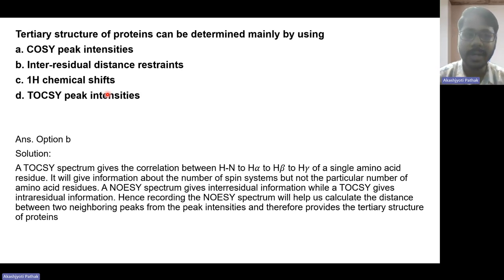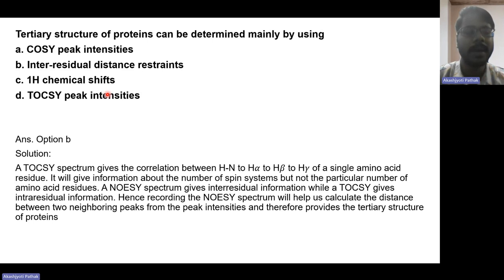If you want to get the inter-residual information, so which amino acid is close to which amino acid, that information can only be obtained if you record a NOESY spectrum. The NOESY will give you the distance between two residues. What is the distance between the two residues? That will only be obtained from a NOESY spectrum, because from the peak intensities you can calculate the distance r.